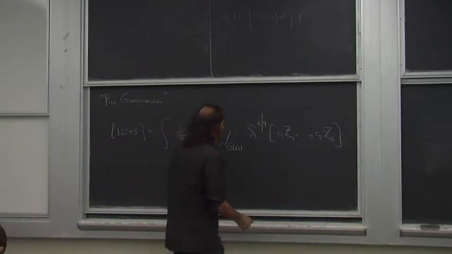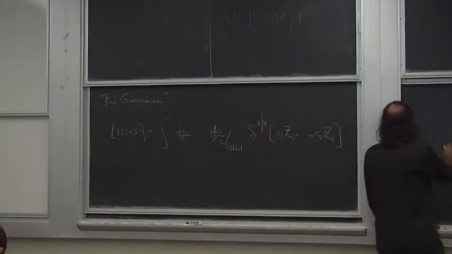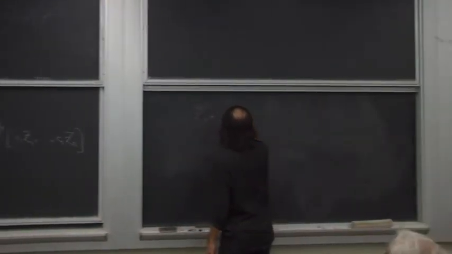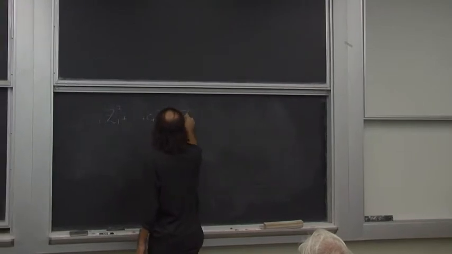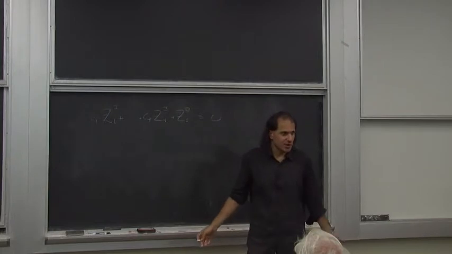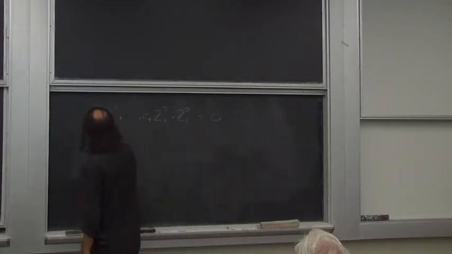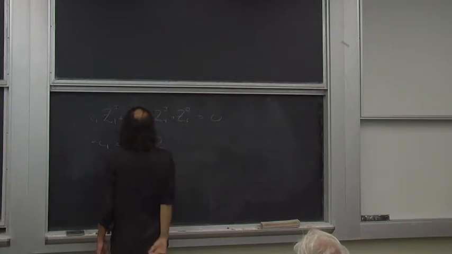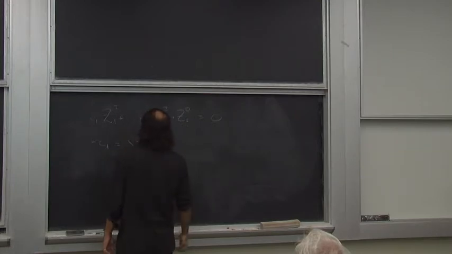So let's actually do it. Set C5 to 1. So I'm solving C1 Z1 plus ... plus C4 Z4 plus Z5 equals 0. So I can solve for all the c's. We did this before, so put a minus sign there. C1 is equal to <2345> over <1234>, and so on.